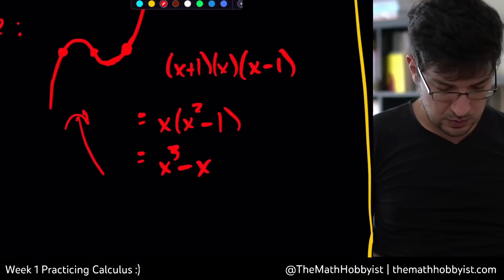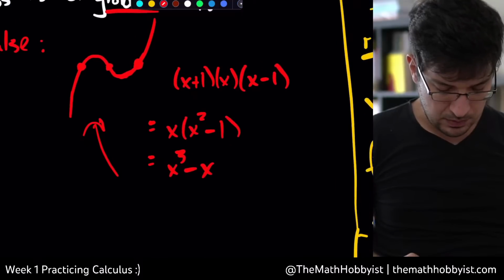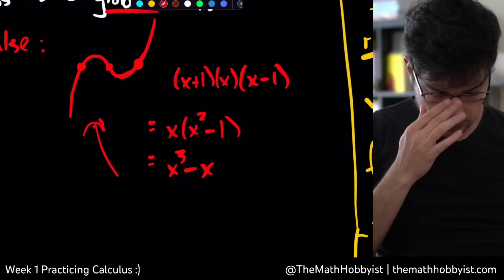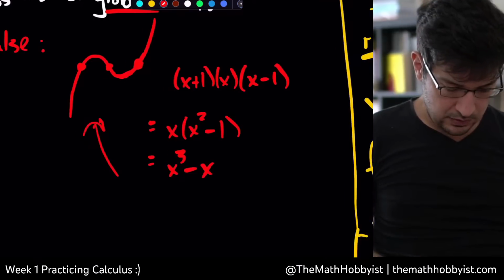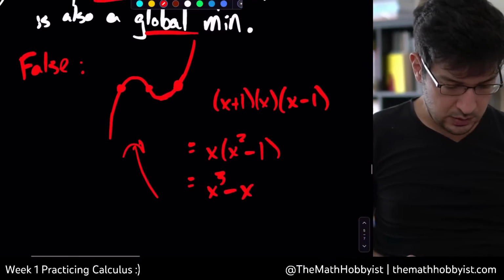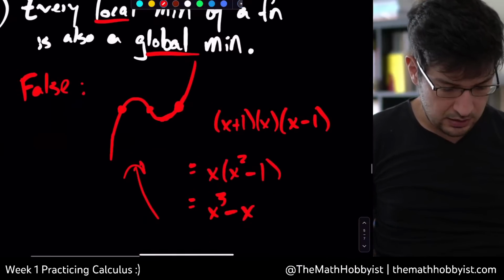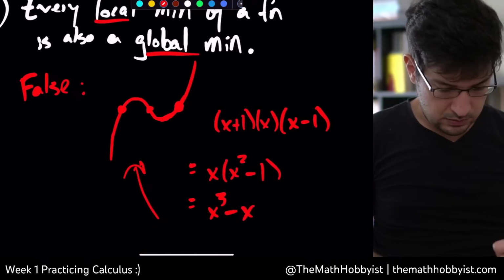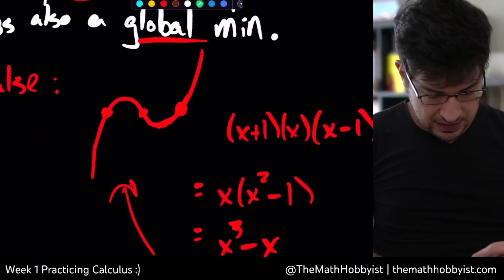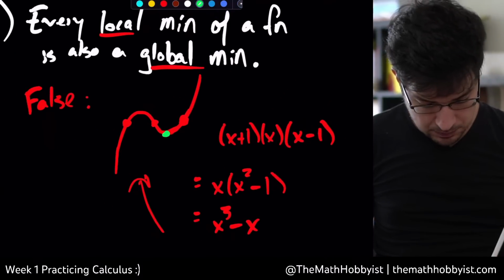This one is going to have three roots. It's going to have a local minimum right there. That's a local minimum.